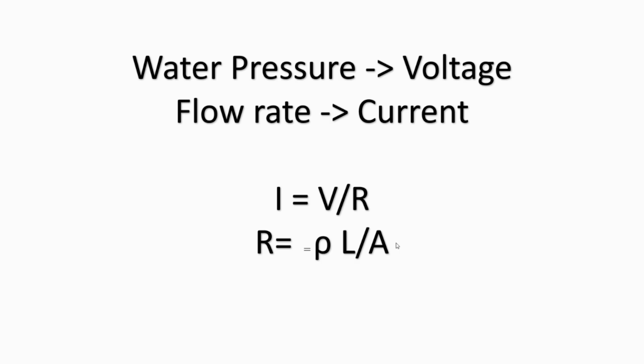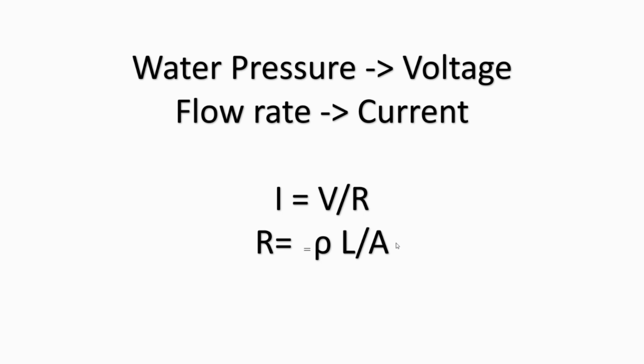In order to summarize, we can now consider the water pressure in the water analogy to be equivalent to the voltage of the electrical scenario, the flow rate to be equivalent to the current of the electrical environment, and we established the relationship between the voltage, current, and the resistance as the current being directly proportional to the voltage and inversely proportional to the resistance of the conductor between 2 points on the conductor.